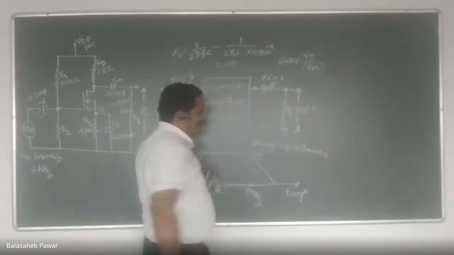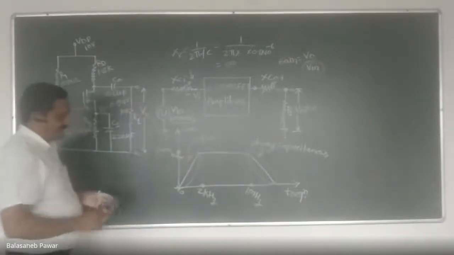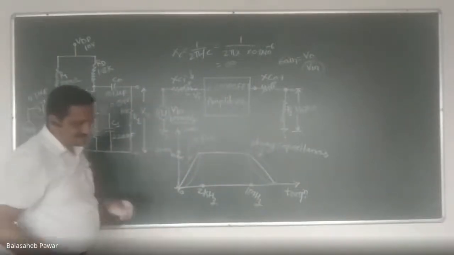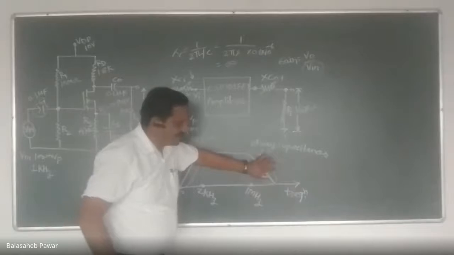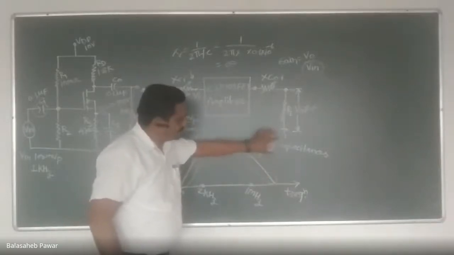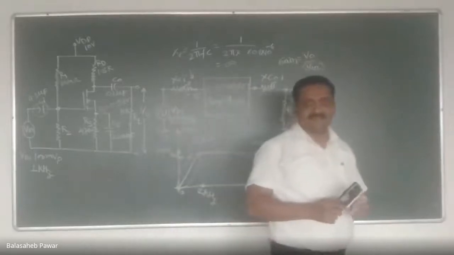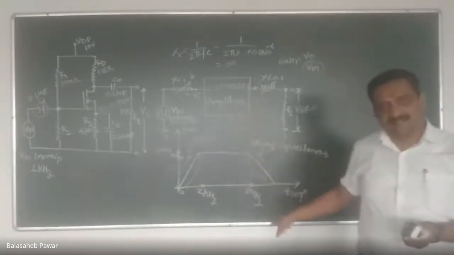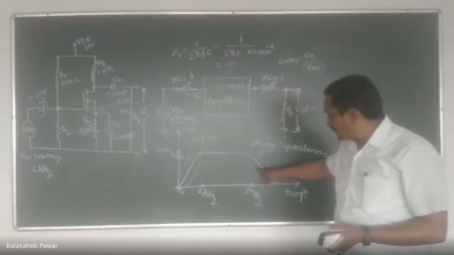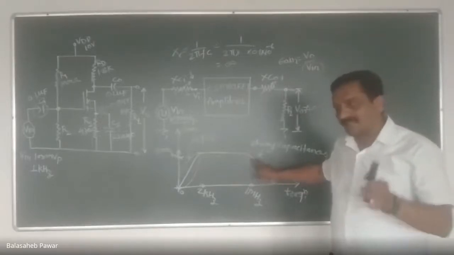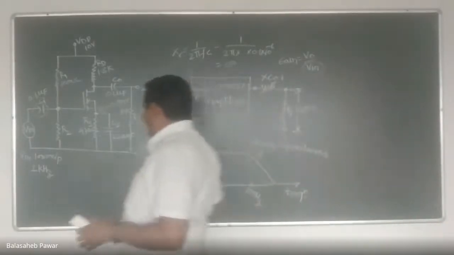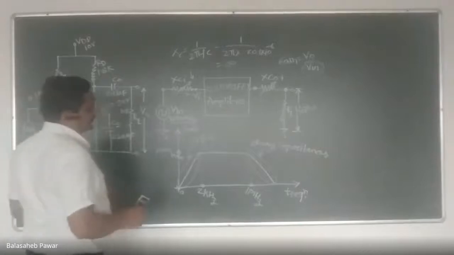How they affect it, I will explain later on. Only remember, the stray capacitances or internal capacitances of the transistor decrease the gain whenever they start to play their role. Are you getting it up to here? Shall I go ahead?